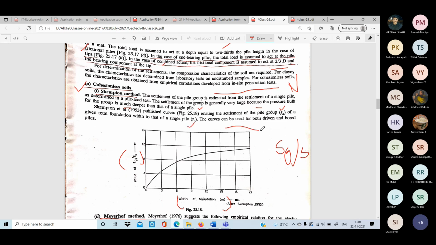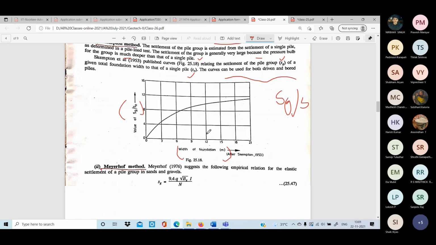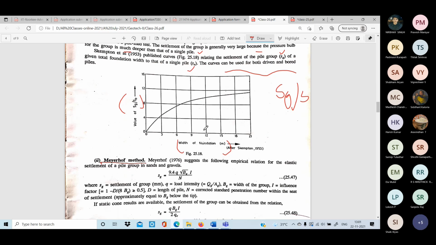The curve can be used for both driven and bored piles. Suppose we know the width is 12 meters, and we know the individual settlement, so SG by S. If you know the individual settlement and want to find the group settlement, we can use this formula.